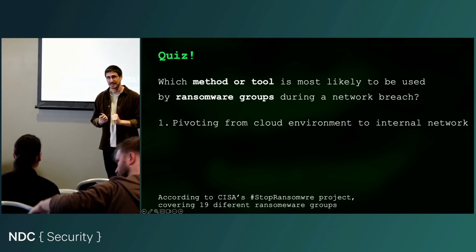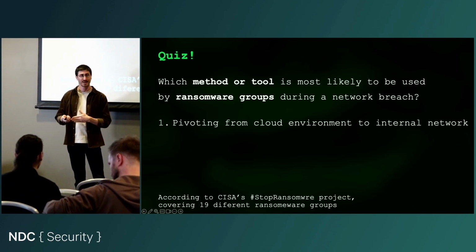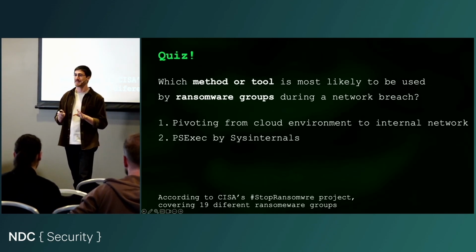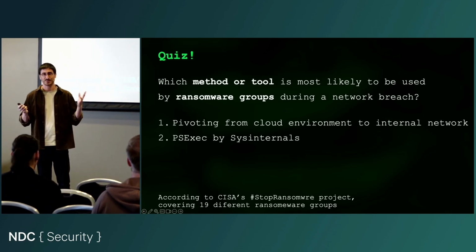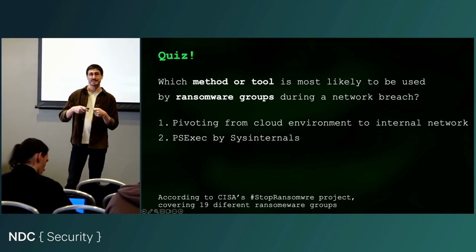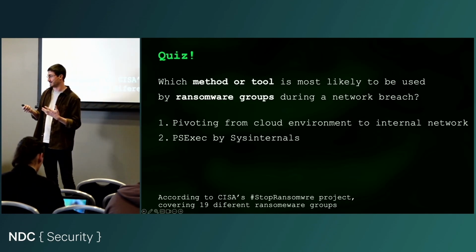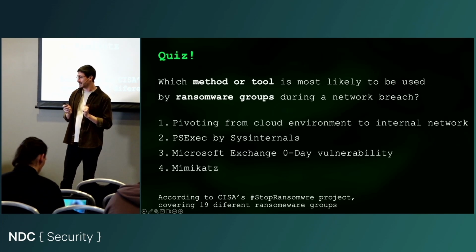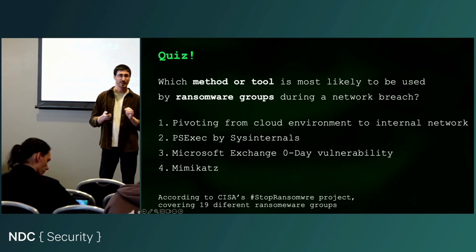The first one is pivoting from the cloud network to the internal network. The second is PSExec by Sysinternals. PSExec is an administration tool that is more than 20 years old and is used for running commands on remote computers in a network. The third is a Microsoft Exchange zero-day vulnerability, or fourth, Mimikatz, a hacking tool that is used for dumping credentials.